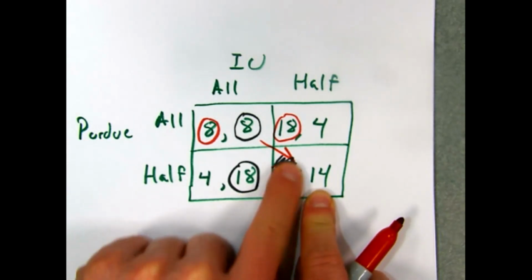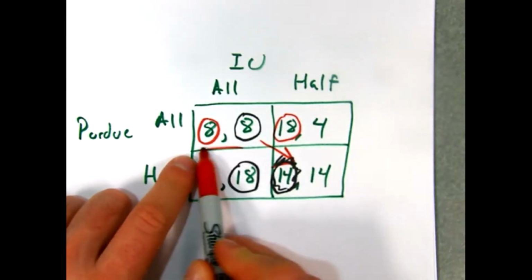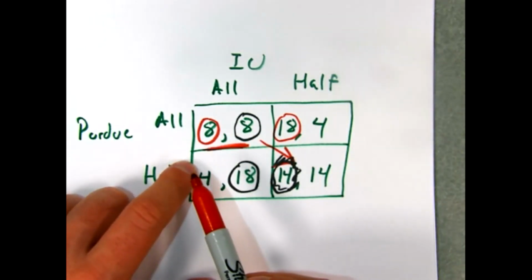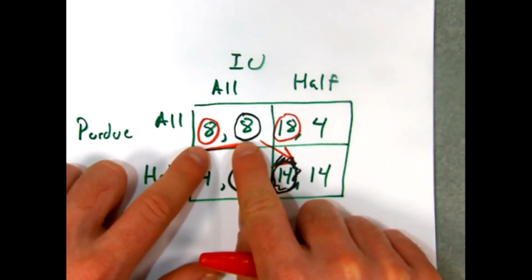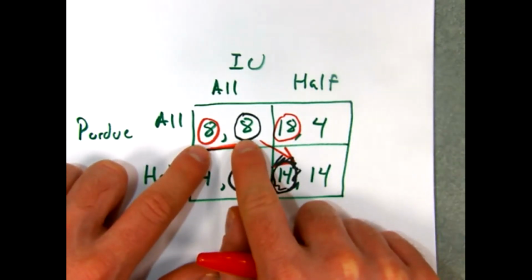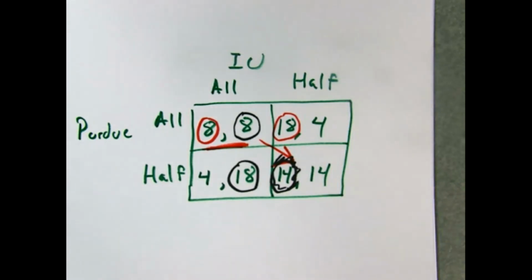What if Purdue does the same? They can get a little bit higher. So there's always this incentive to be the one that has more of their games televised. Because of that incentive, we end up in what we call a prisoner's dilemma Nash Equilibrium, where from this point we're best responding to each other. But if we could somehow agree to collude and only put half our games on, we could both maximize profits.